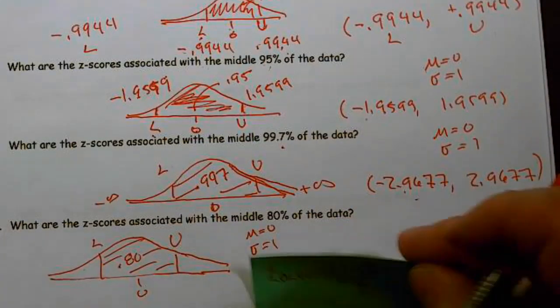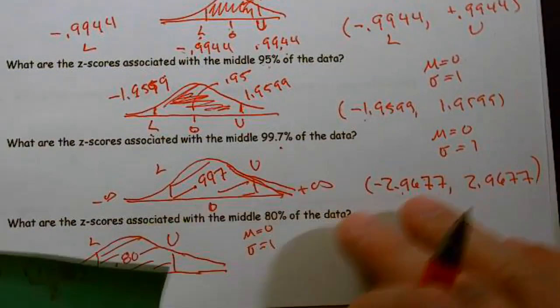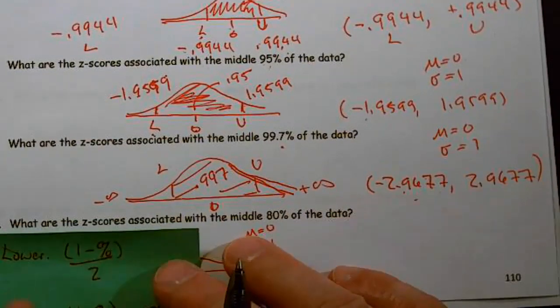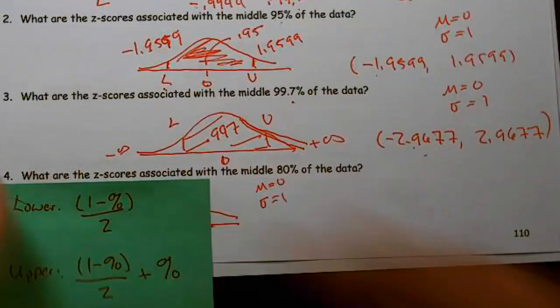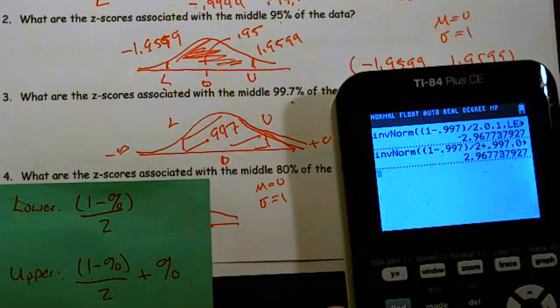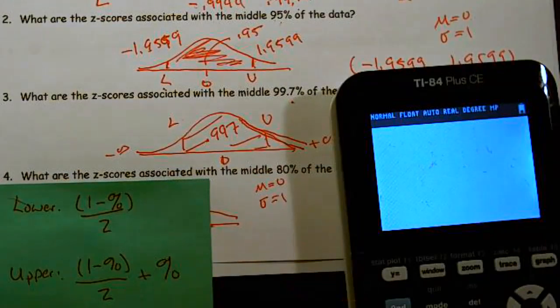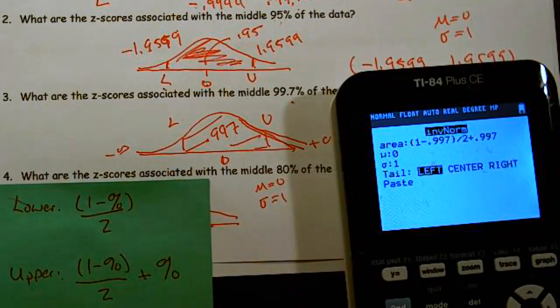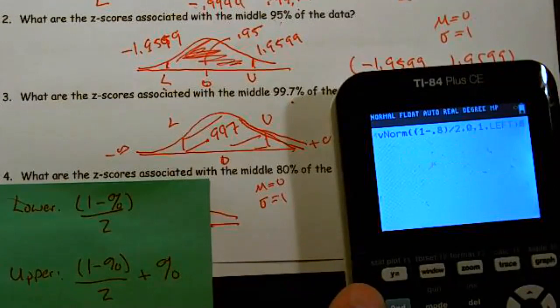To do that problem, once again, we're going to need to use our lower and upper formulas. So second vars, inverse norm, 1 minus 0.8 divided by 2, mean is 0, standard deviation of 1.